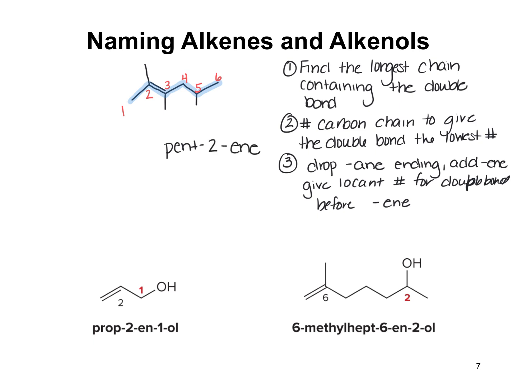Then you want to continue to name using all the other rules. For example, we have 1, 2, 3 methyls here. So when we look at this, this would end up being 2,3,5-trimethylpent-2-ene. That's how we would name this.